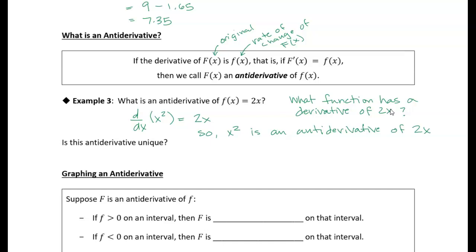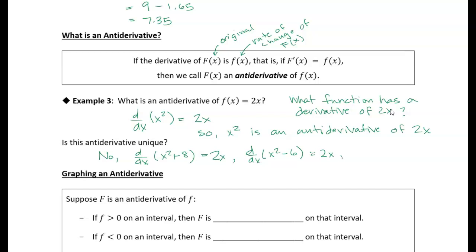Now the other question you might think is, is that the only antiderivative of 2x? And the answer is no, because if you take the derivative of, say, x squared plus 8, the derivative of a constant is 0, so that's also 2x. Or the derivative of x squared minus 6, that's also 2x.